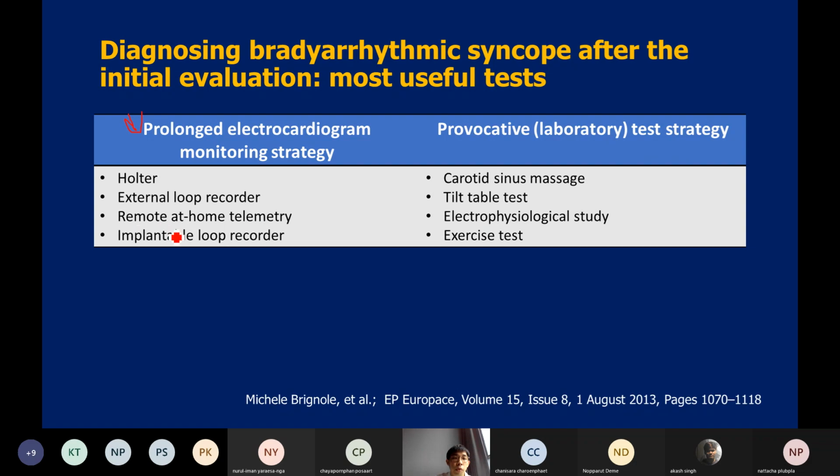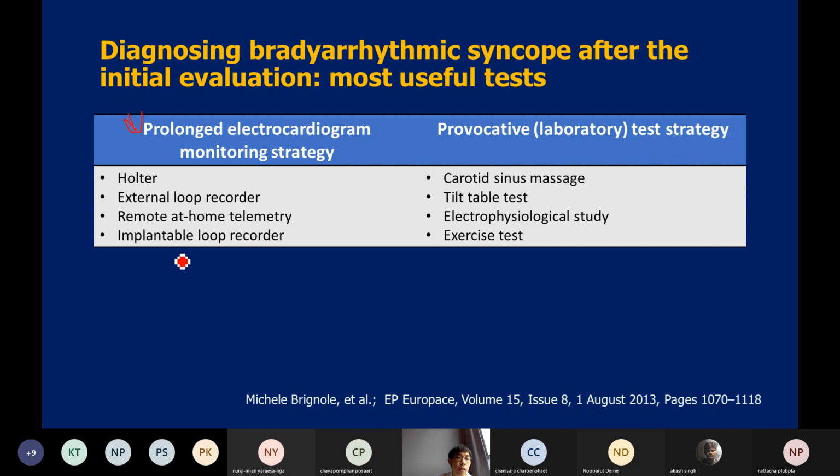We could do remote home monitoring, which is like a monitor in the hospital, but you send the patient home and monitor them from their home, during their daily activity. And the last one is the implantable loop recorder. This one is more invasive than the others.